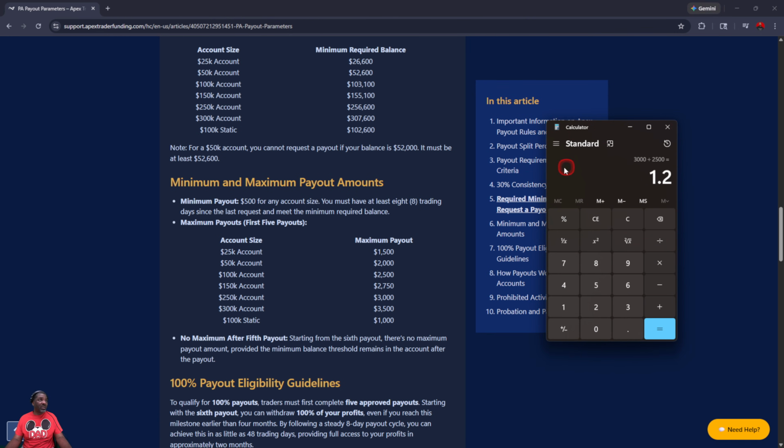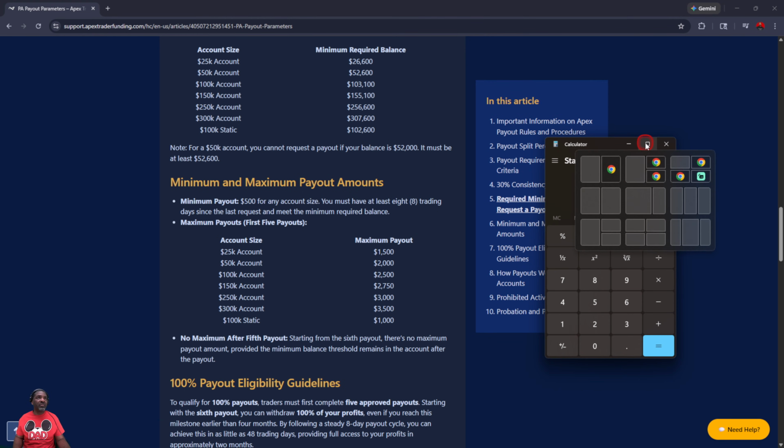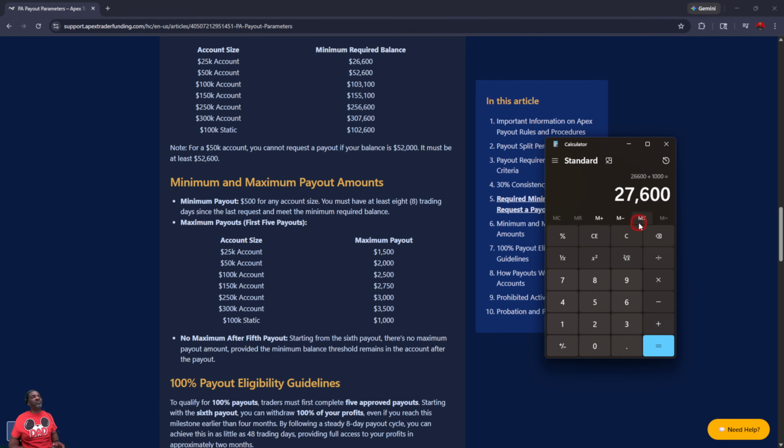So if you want to take out the full 1,500, the minimum balance you need is 26.6 to be able to request $500. So 26.6 plus 1,000, so if you get to 27.6, you can request $1,500.